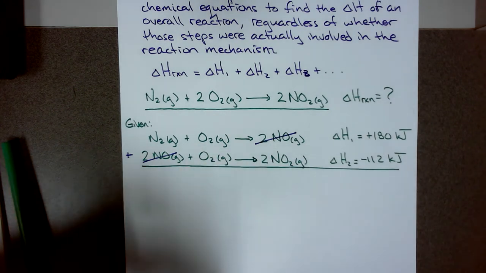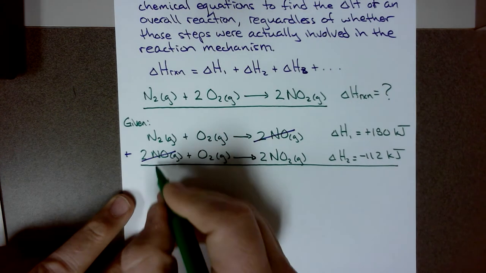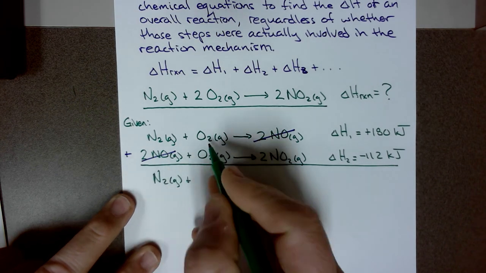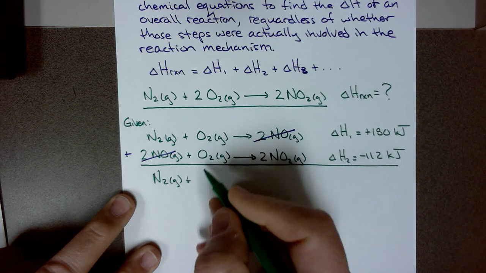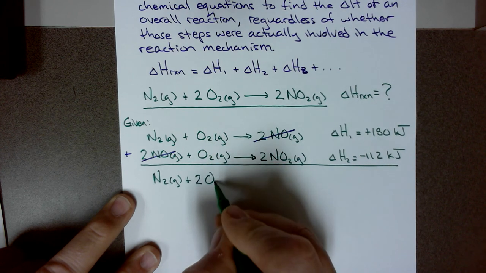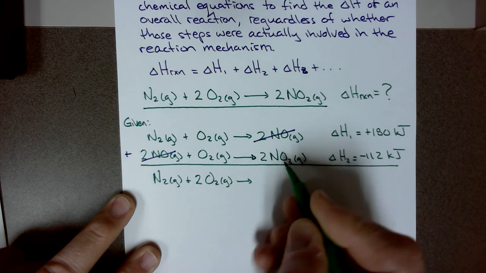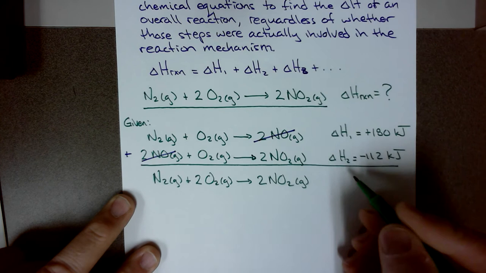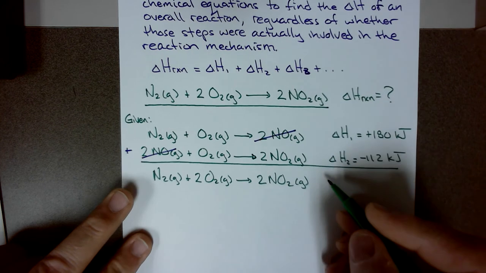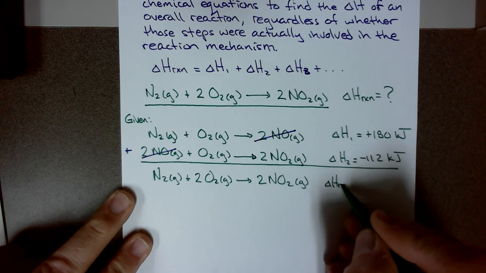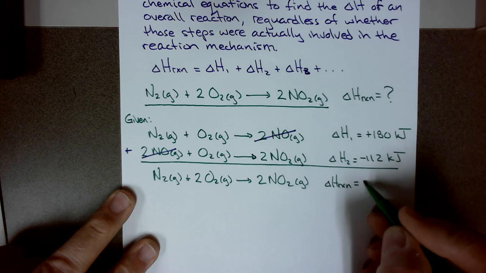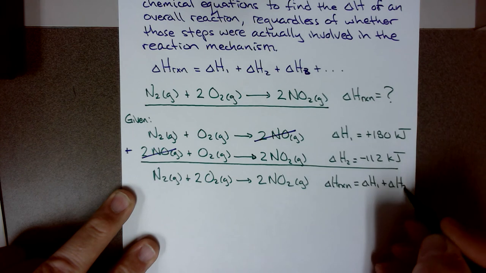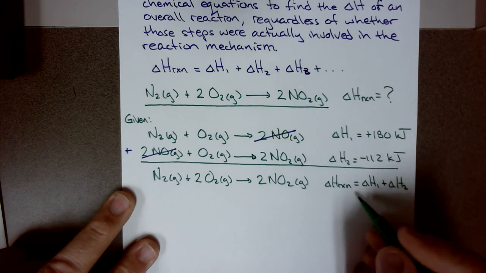So when I add this, we have nitrogen plus, and now there's 1 mole of oxygen here, plus 1 mole of oxygen here, so that's 2 moles of oxygen gas, producing 2 moles of nitrogen dioxide gas. And my delta H for this reaction is just, I add the delta H of 1 plus the delta H of 2, which is 180 plus negative 112.